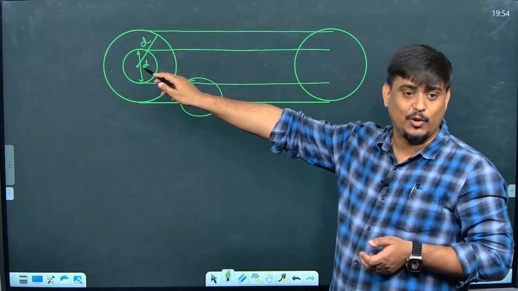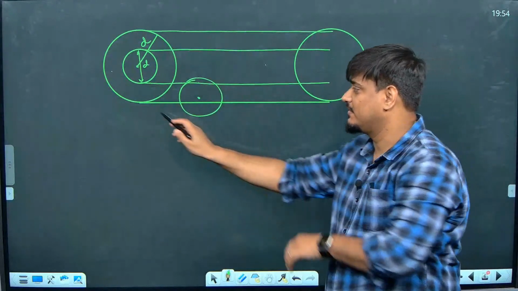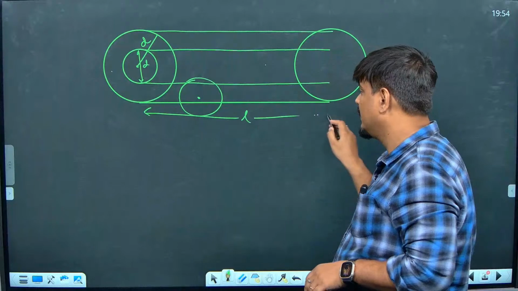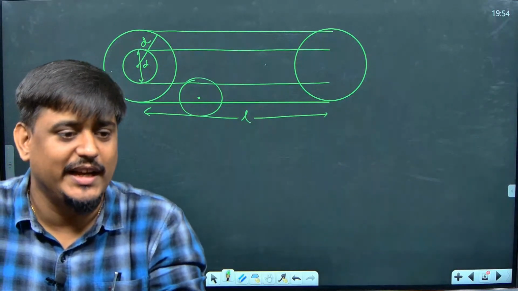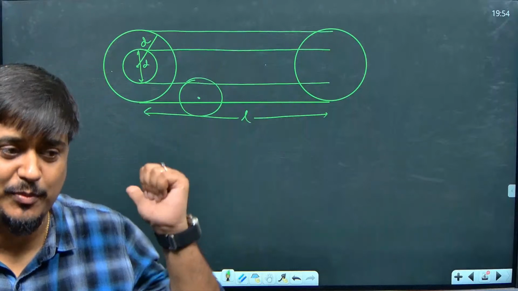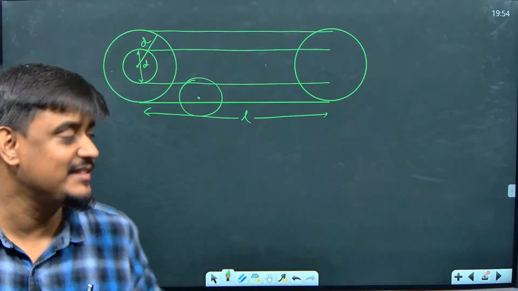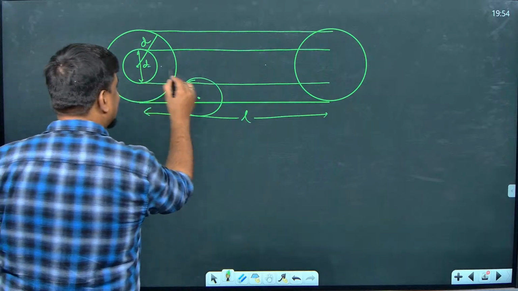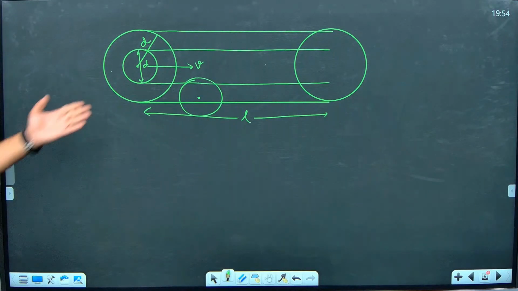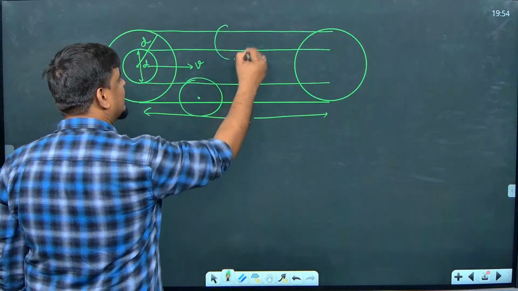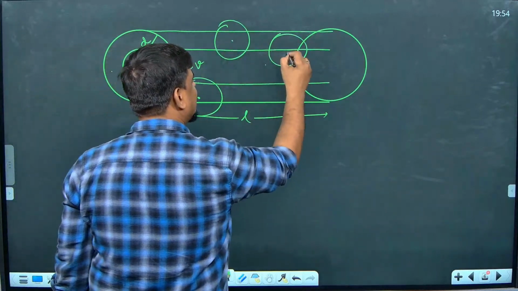Pi D square times the distance, let it be length L. If any molecule comes in this volume, it is definitely going to be hit by this particular gas molecule, which has a velocity V and is going in this direction. Do you agree with me? If something comes like this, something comes like this, it is going to hit.